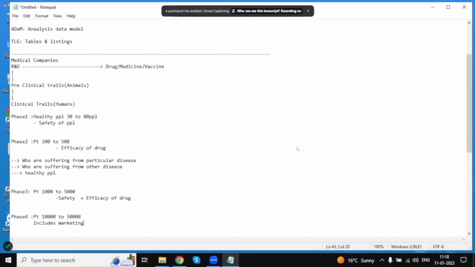That means what the price of the drug is, how to sell the drug in the market, how to distribute it. Recently, in the COVID situation, once the COVID vaccine was developed and phase 3 was done, when phase 4 started, they started everything: for a country, how many doses were required, what the price of that particular dose is, how to distribute it.